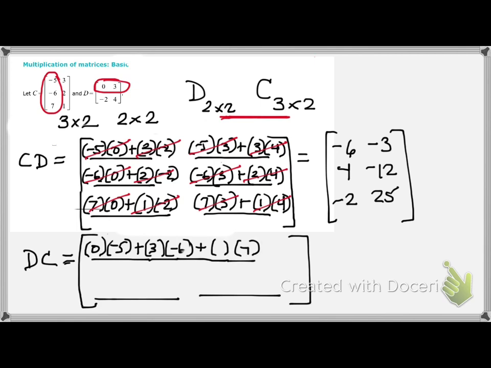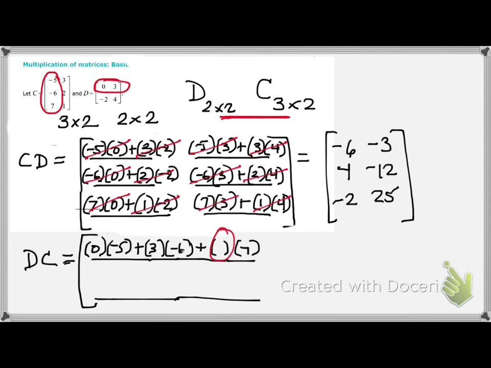So look at the 7 there. You see what's happening to the 7? It didn't have a number to go with it. So if I'm following the process of multiplication that I've used for other matrices, you see how this doesn't make sense as I do this row and column method, that I have a number that's hanging off the end that doesn't have a pair, it doesn't have anything to match up with.